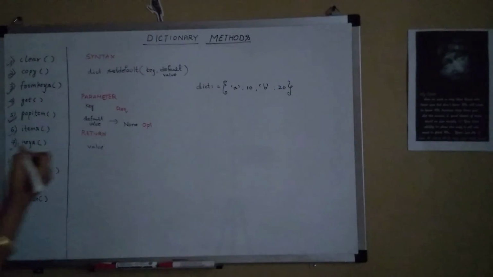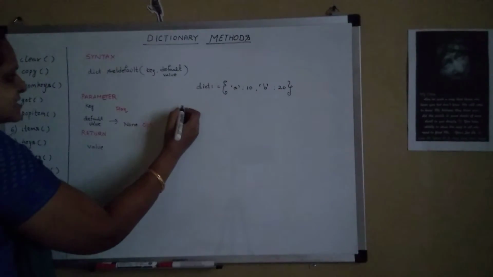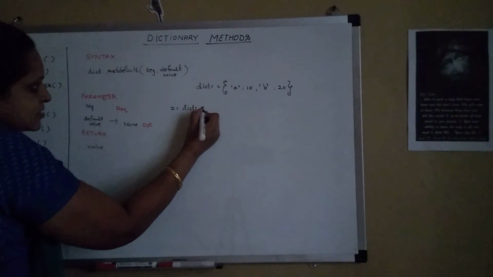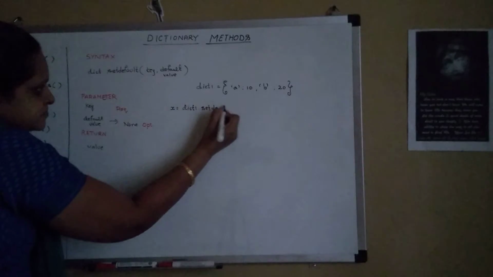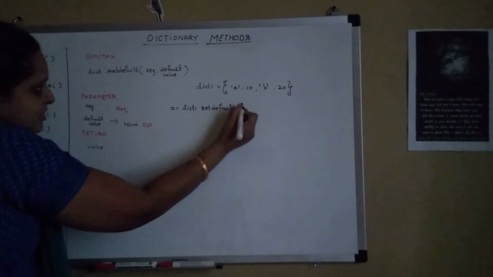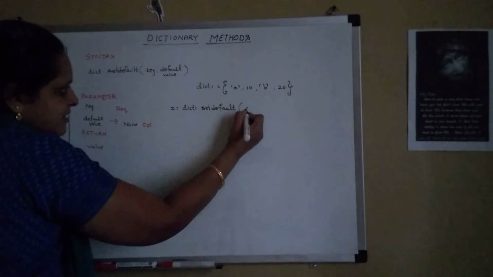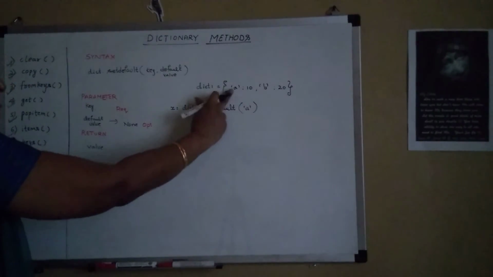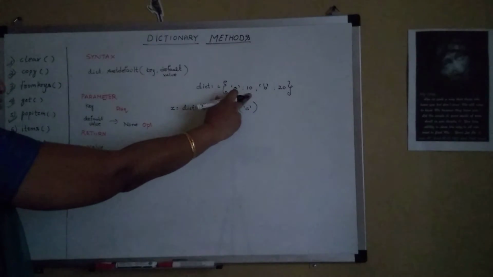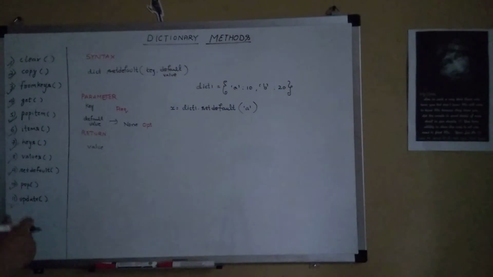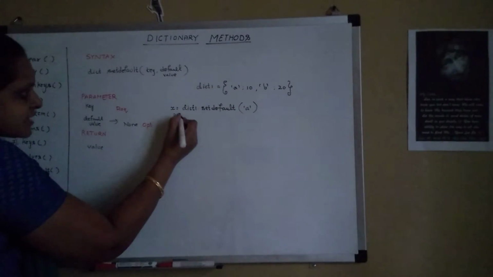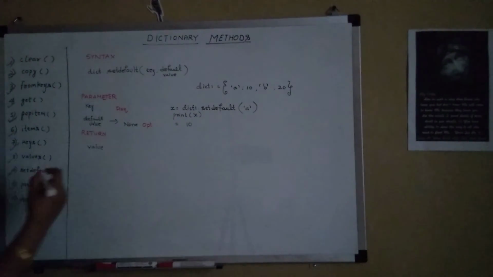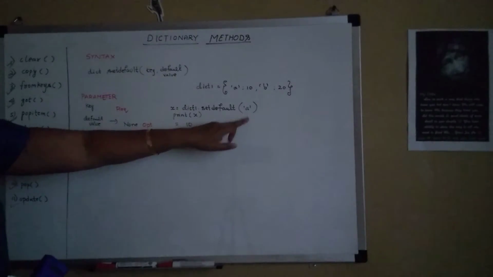Now let me say X equal to dict1.setdefault, and I give A. For this particular key, it will search in the dictionary and retrieve the value, and that value will be passed to X. So now if I say print X, it will print the value 10, the value corresponding to the key which we have passed.